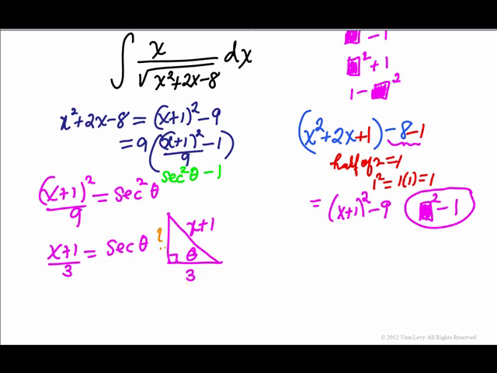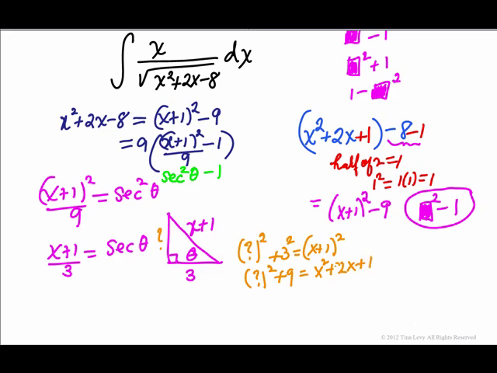Now this missing side would be whatever that is, question mark squared plus 3 squared should be x plus 1 squared. And sure enough, that missing side squared plus 9 is x squared plus 2x plus 1.